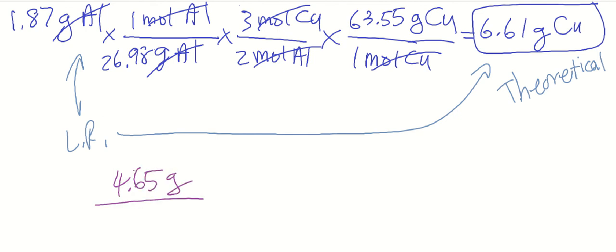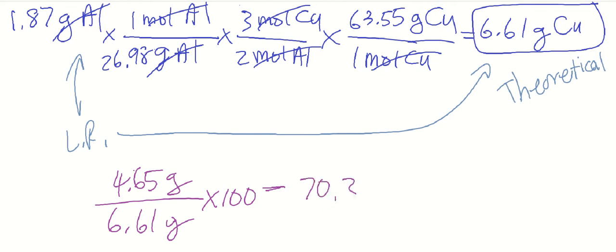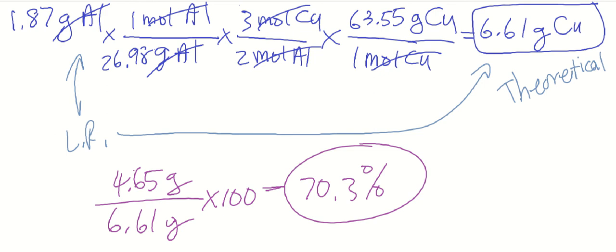You put your actual over your theoretical, which is what we calculated. Multiply that by 100 to turn that ratio into a percent. .3% is the percent yield.